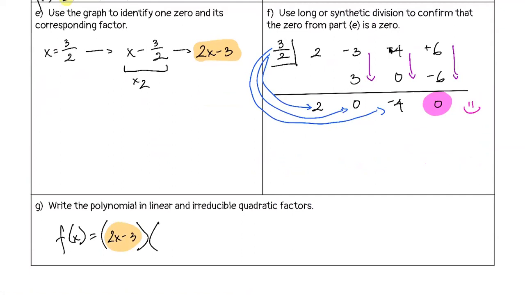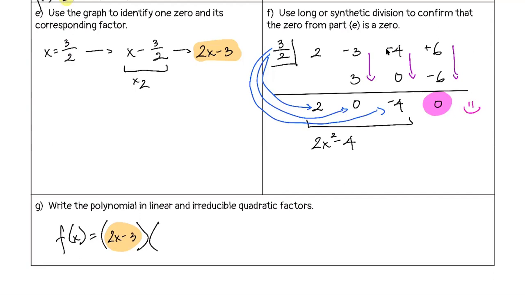What is that quadratic factor? Okay. So we're getting the 2x squared minus 4. And yeah, I believe you got that from here, right? We've got 2x squared minus 4.